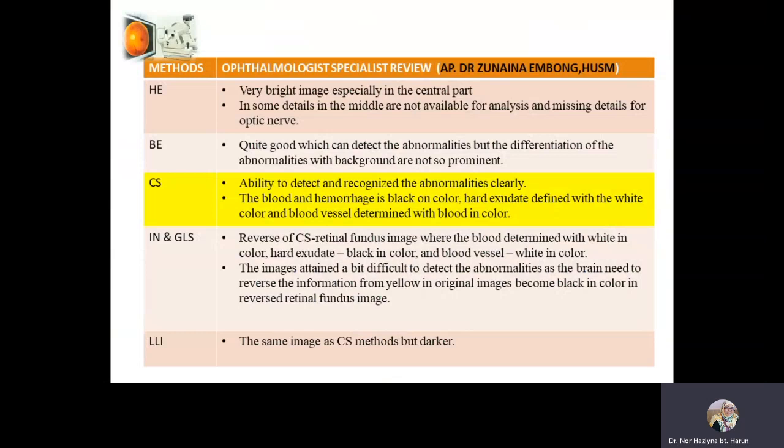And for BE, it is quite good, and can detect the abnormalities, but the diffusion of the abnormalities with the background is not so prominent.